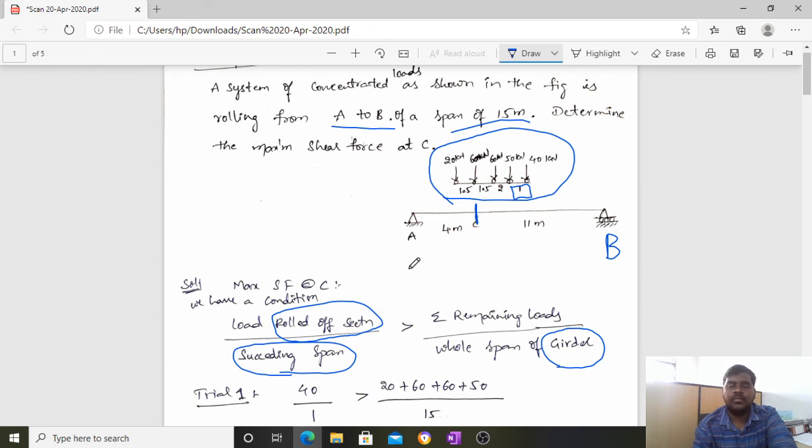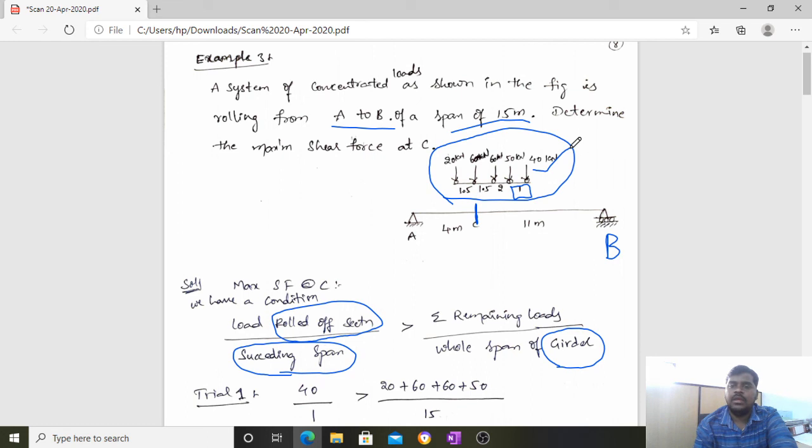So this is a girder AB, and these are the loads that are traveling from A to B. And considering each load, when we consider this 40, we got a minus value as the shear force. So that will be the maximum negative shear value.